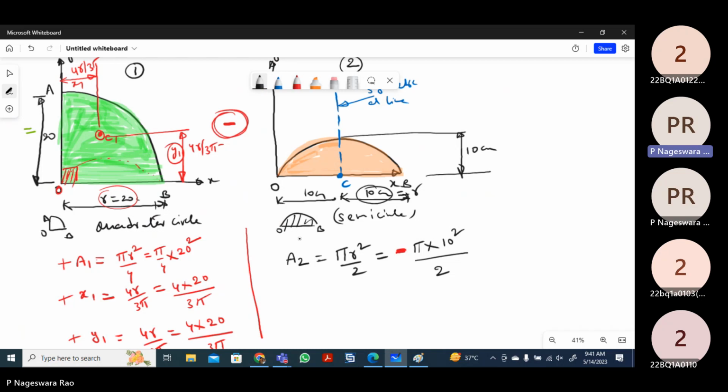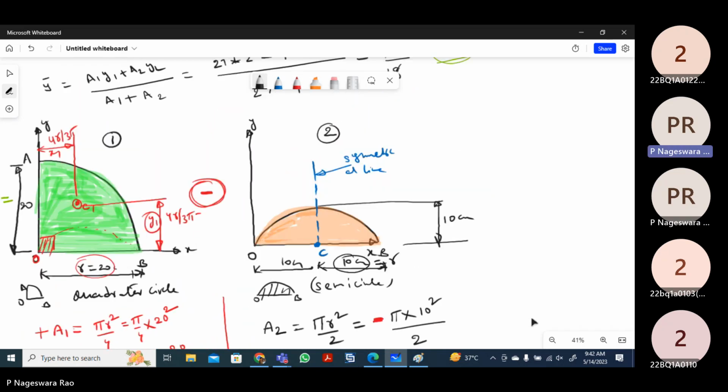Similarly, next is its x2 coordinate. Before going to this coordinate, we know that in the case of a semicircle, the centroid lies on the symmetrical axis. That means the centroid lies here on the symmetrical line. Name it as C2. Now the C2 distance from the y-axis is what we call the x coordinate. In this case, it will be x2.